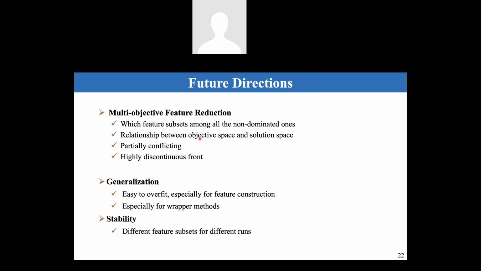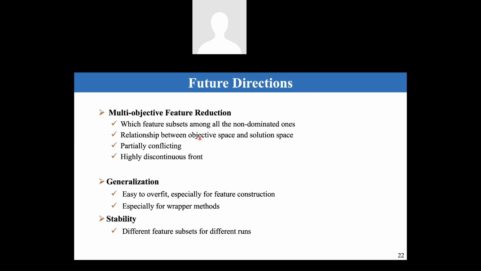And also, as I said, feature selection is a bit different from other multi-objective problems. The two objectives are not 100% conflicting, they are just partially conflicting. So as I said before, it's very important for us to find out which regions are the conflicting regions, and we can focus more on those conflicting regions.